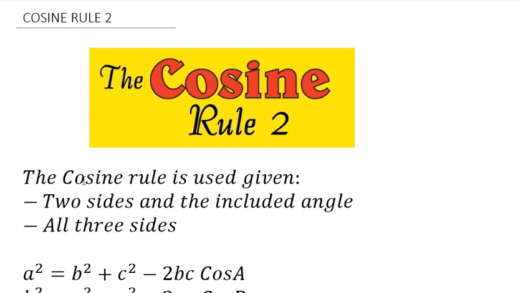So just in a few seconds, we said the cosine rule is used when two sides and the included angle are given, or when all three sides are given. We were able to iron that out in our last video. If you have a triangle to solve and you are given two sides and the included angle, or you are given all three sides, you have to use the cosine rule to solve such a problem.